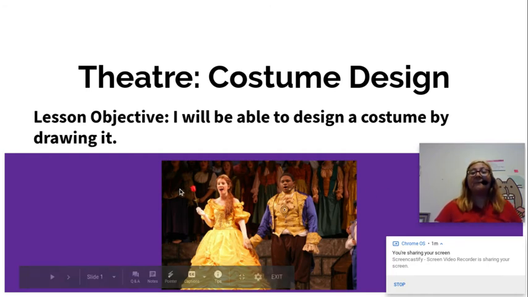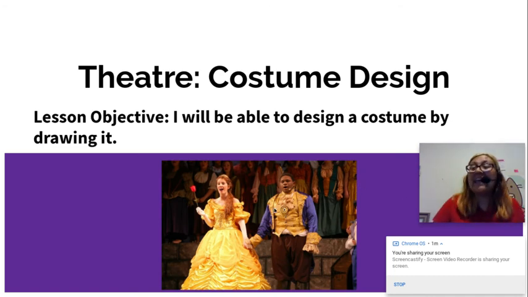And then we have the actors in the background, which we call the ensemble. They are wearing period pieces. That means there is a certain time period that Beauty and the Beast is set in, and it's always been done like that. And so, whenever the person who is doing the costume designing does this, they always have that in mind.